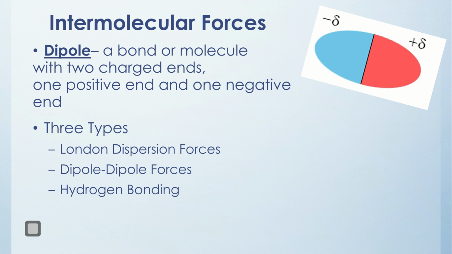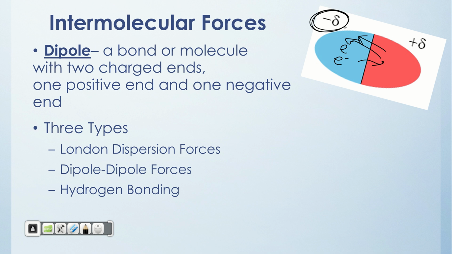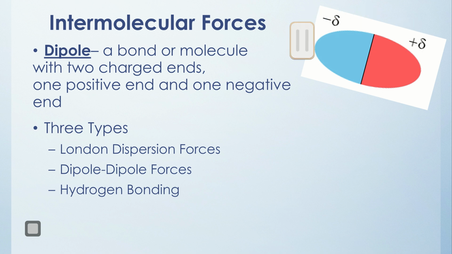It's due to the fact that we talked about polar covalent compounds, which means the electrons are not shared equally, so there might be a time where the electrons spend more time on one side than the other, and they keep coming back to this side. And so a general negative partial charge, or a dipole, forms. We have a negative on one side and therefore a positive dipole on the other side.